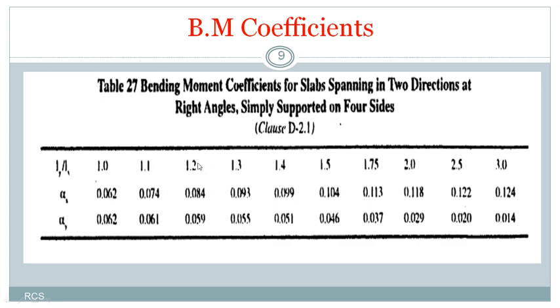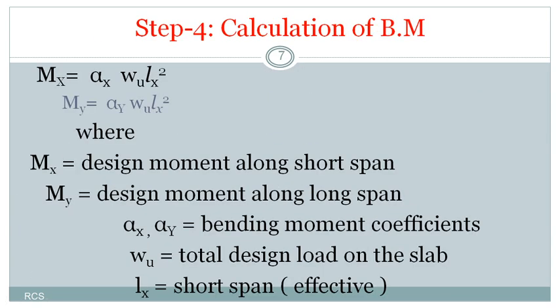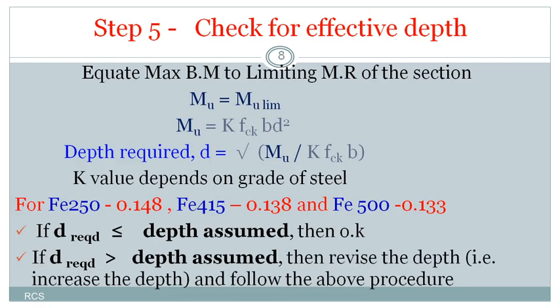From this table we can get our alpha x and alpha y values. After knowing that, if we substitute the alpha x and alpha y values here, we calculate Mx and My. After calculating the maximum bending moments along the x direction and y direction, we have to go for the check for effective depth, that is the check for minimum effective depth required.